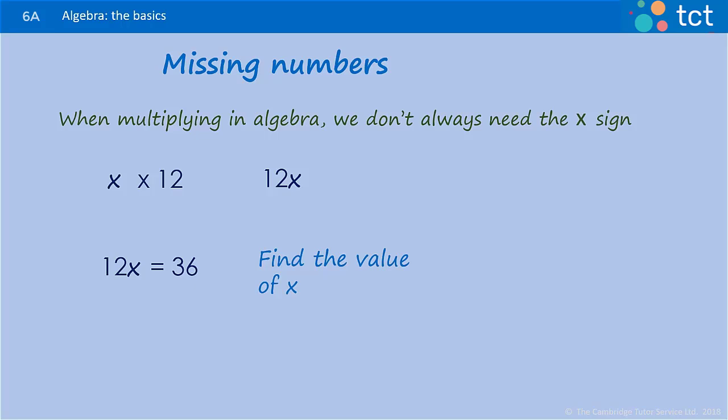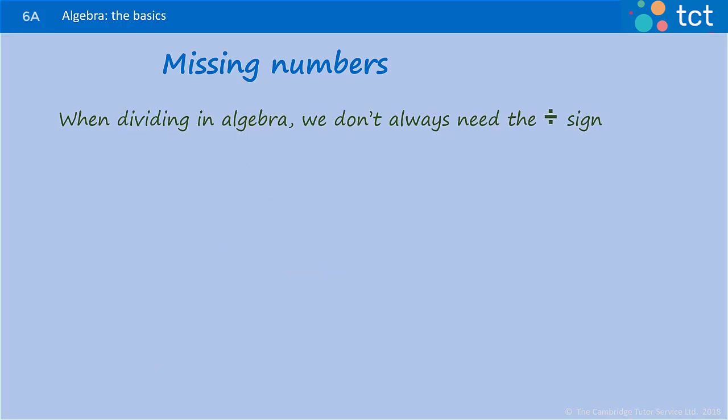So we know that 12 times by x is 36, so we can use that inverse operation and say 36 divided by 12 is going to give us whatever x is, and that's 3. So x equals 3.